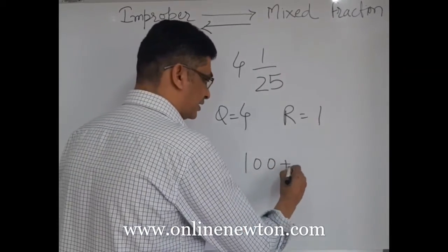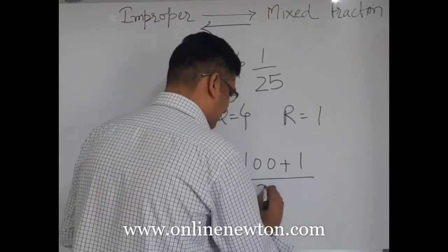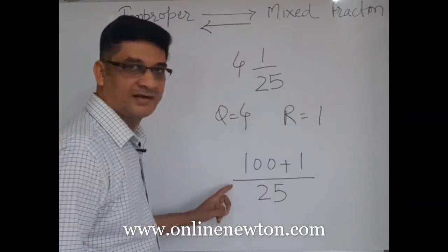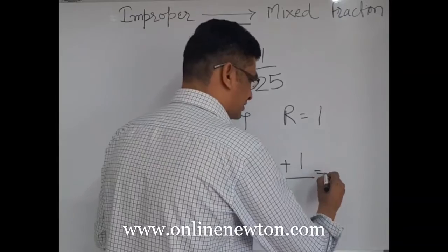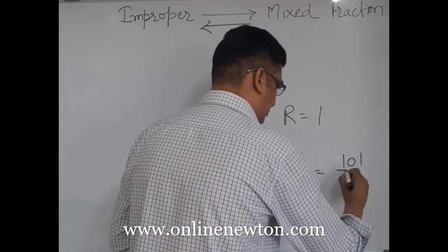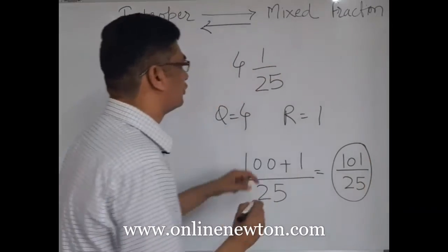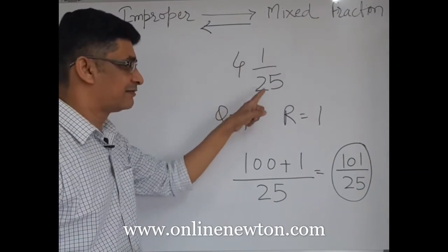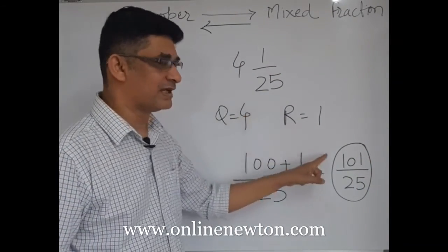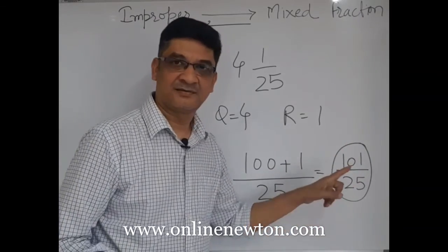Add the remainder to it, which is 1, divided by 25. 100 plus 1 upon 25 is equal to 101 upon 25. So 4 integer 1 by 25 is equal to 101 by 25.